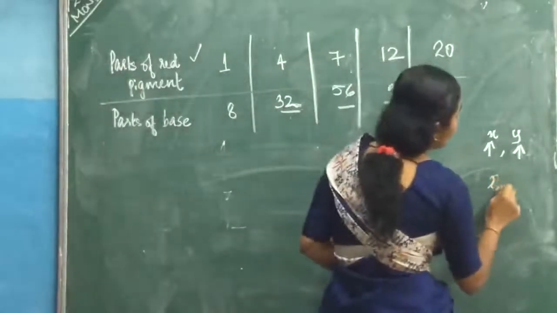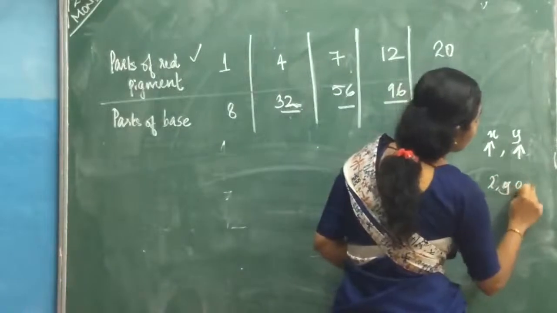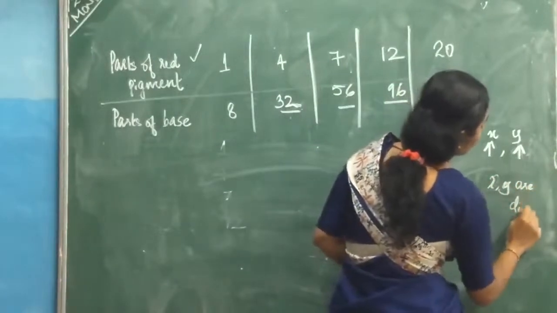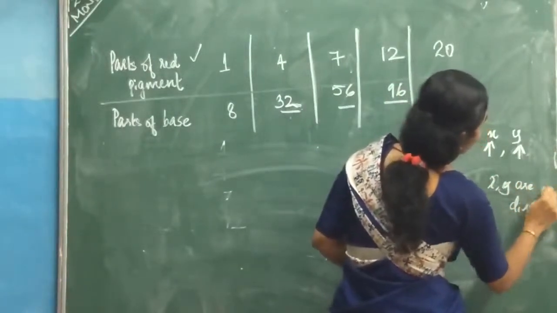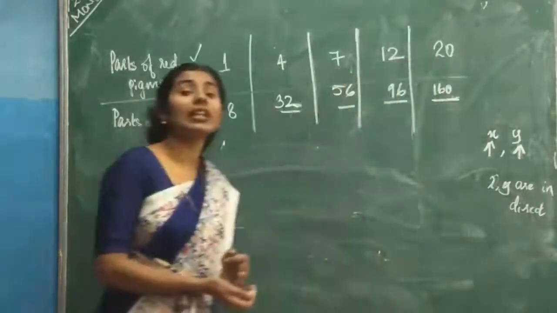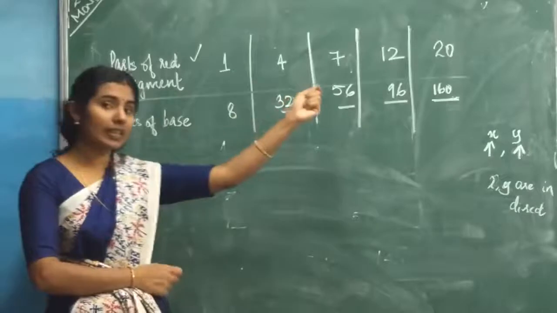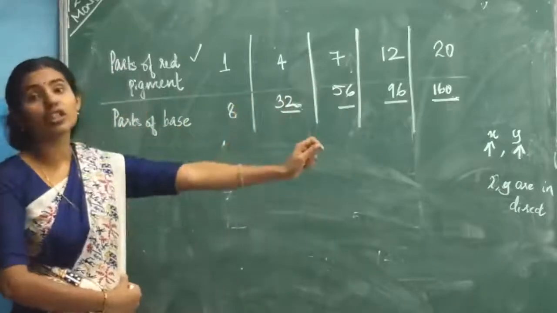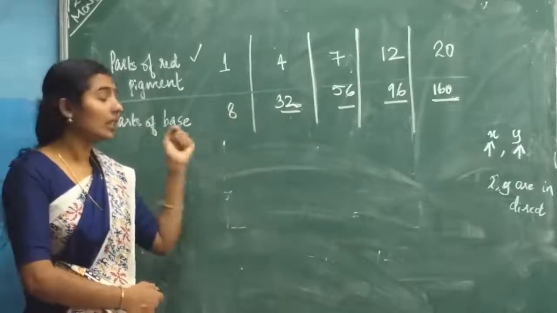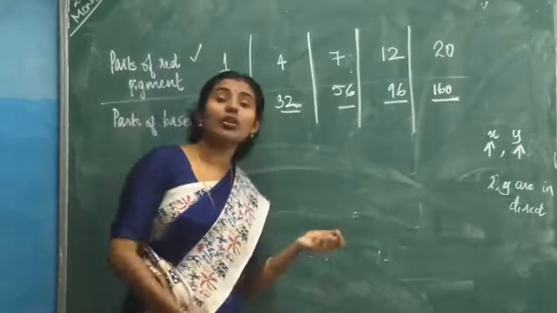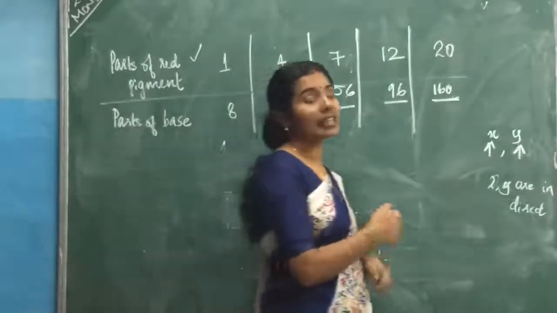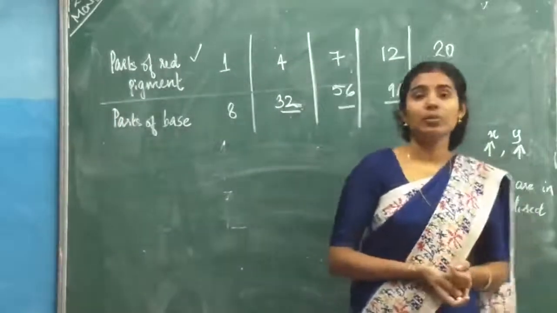Then what can you say? X and Y are in direct proportion. See here, the first quantity is increasing, the second quantity is also increasing, and you can see the ratios are also the same. Then we can say X and Y are in direct proportion.